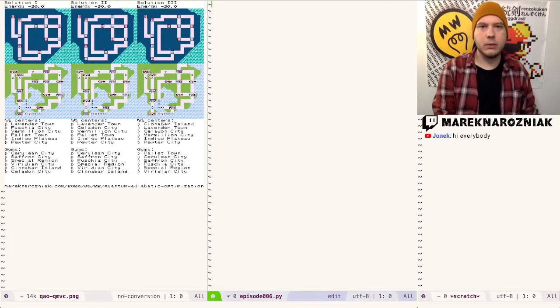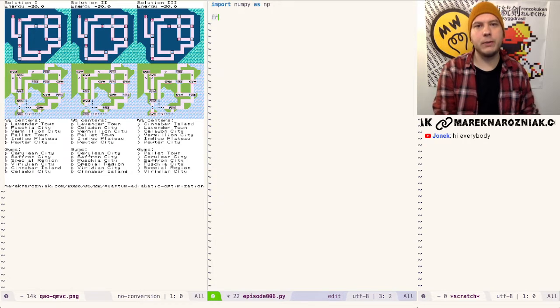As usual, we will probably need NumPy and also some stuff from QuTiP, because in this live stream we only work with QuTiP. QuTiP is the best. Import. So to make states we will need basis. Our two Hamiltonians are going to be sigma x and sigma z.